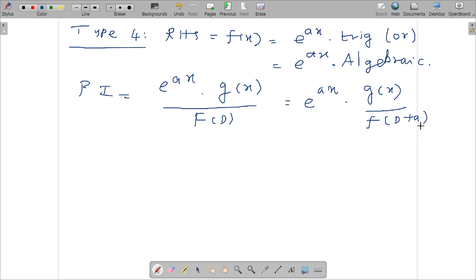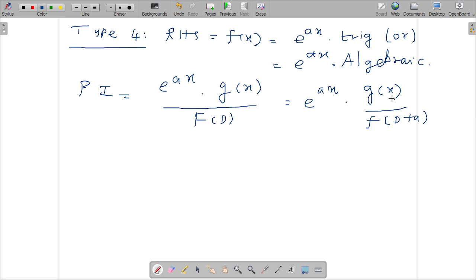That a is the coefficient of x in the exponential.